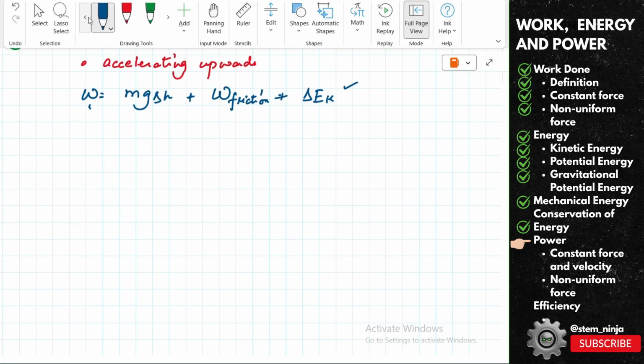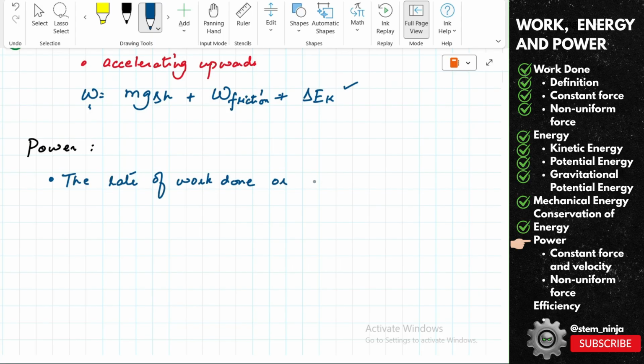Now, speaking of power, its simple definition is the rate of work done or energy transfer.